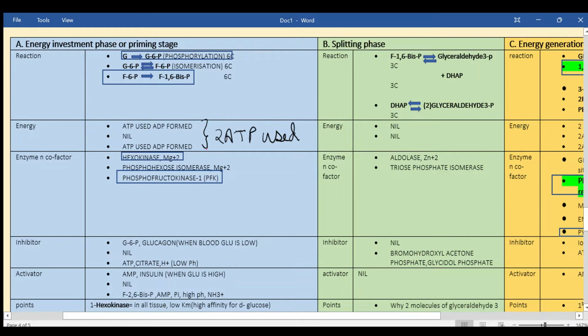And here also magnesium ion is used as a cofactor. In the third step, which is fructose 6-phosphate to fructose 1,6-bisphosphate, phosphofructokinase 1 is used. Let me tell you, hexokinase and phosphofructokinase 1, these two are very important enzymes. Why? I will tell you later on.